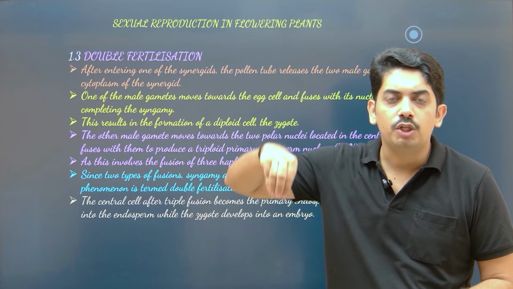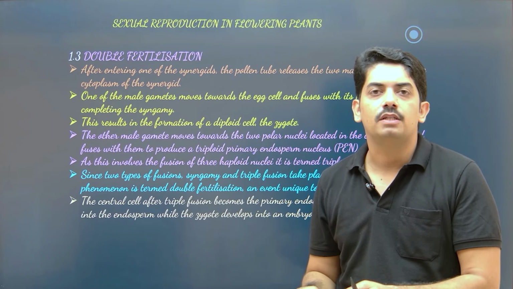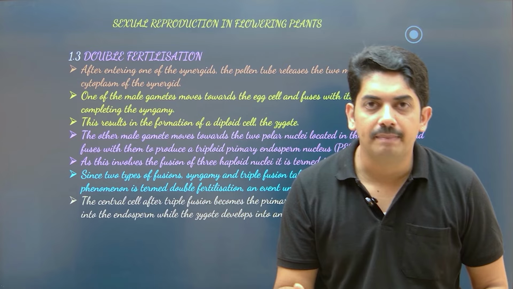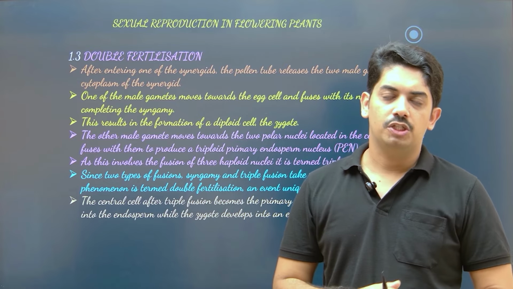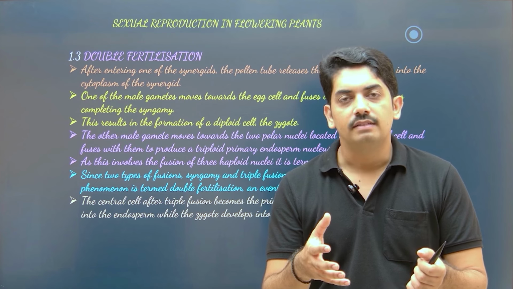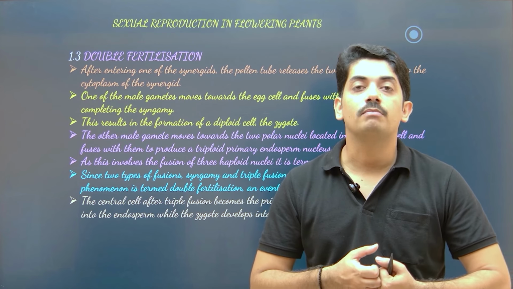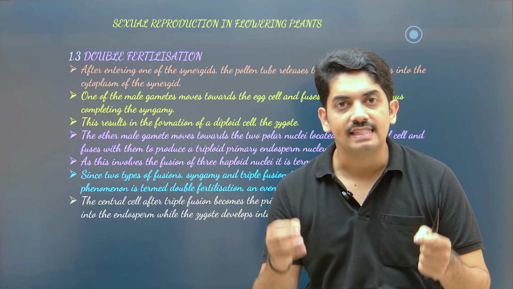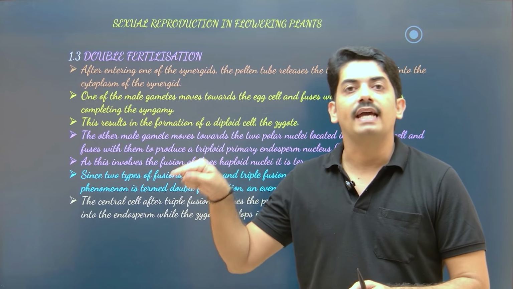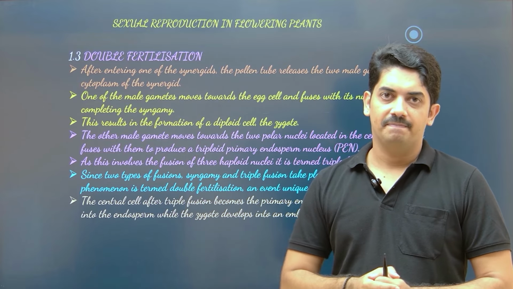So many pollen tubes reach the different ovules and release the male gametes in the micropylar region, and these male gametes are directed by the filiform apparatus present on the synergids, which guides them to reach the egg and polar nuclei.